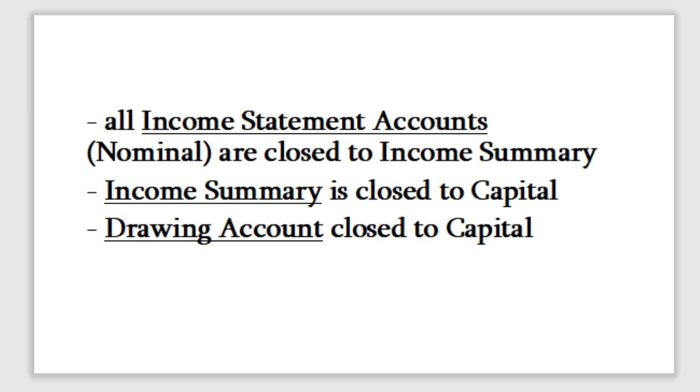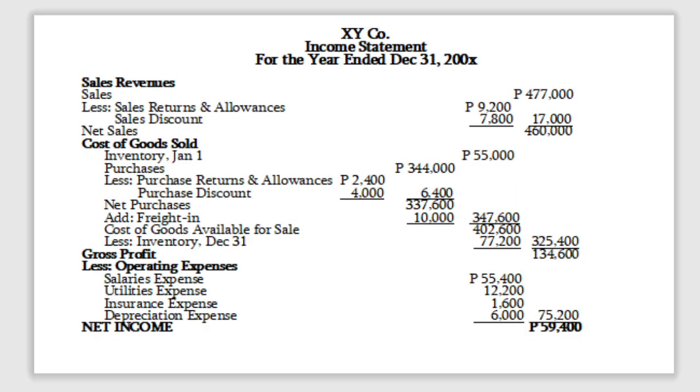So tingnan natin yung ating example. Ayan. So meron tayong income statement ng XY company. So nandito yung mga account titles like sales, sales returns and allowances, sales discount, inventory, purchases, and so on. So, lahat yan i-close natin para ma-transfer yung amounts niya sa permanent accounts or dun sa ating capital account.